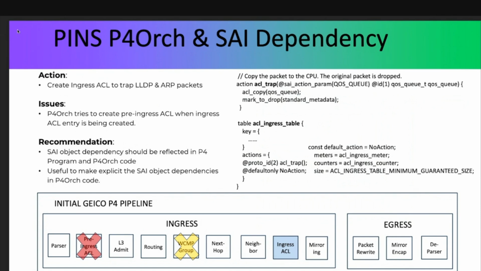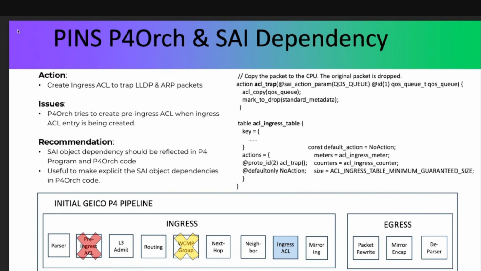After the parser, there is a pre-ingress ACL stage, L3 admit, routing, WCMP group, next hop, neighbor, and ingress ACL, followed by mirroring and the egress stage. Programming only L3 admit and routing, and skipping the WCMP group table and next hop neighbor, we were able to get the routing done and we didn't have any issues.